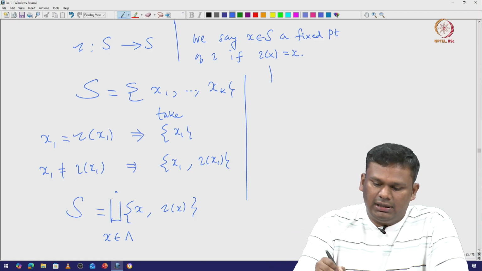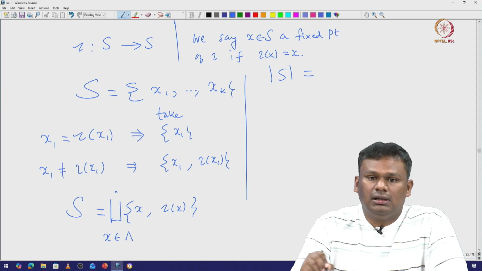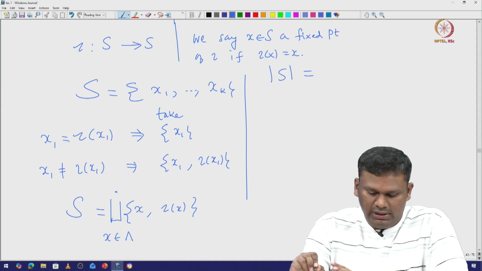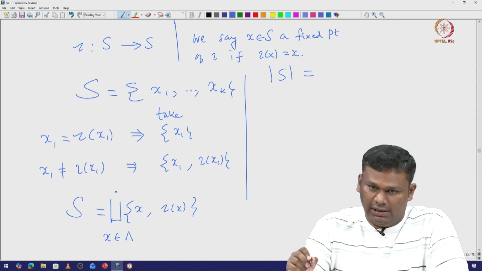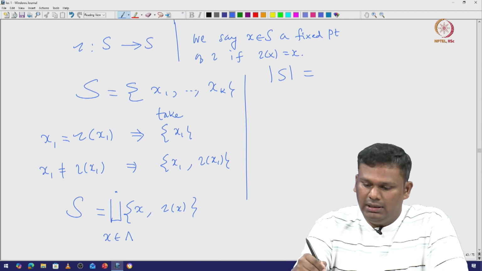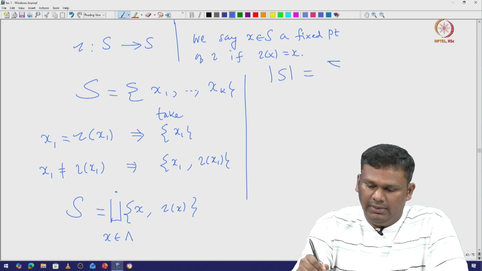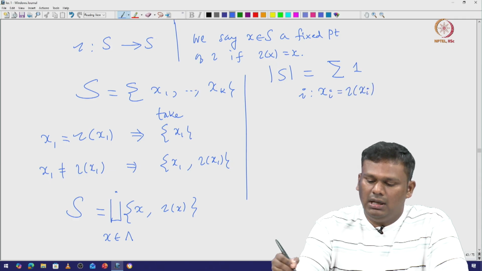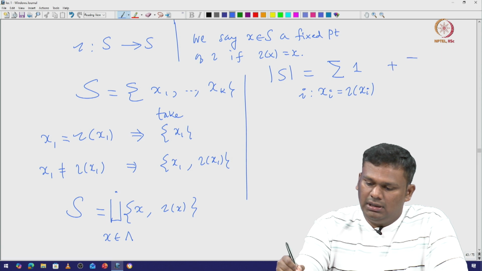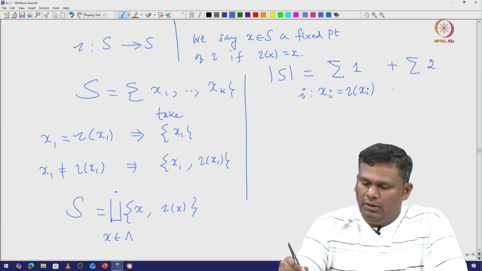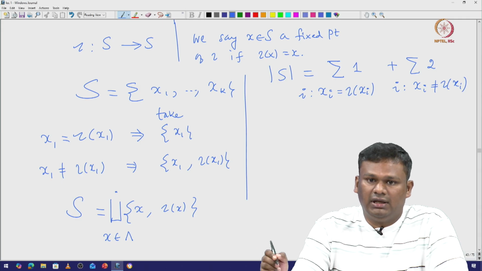So, now it is clear that the number of elements in this S becomes equal to, you just collect all possible sums. That means this is equal to summation 1, where you collect those i such that x_i equals ι(x_i), and then plus summation 2, where i is such that x_i is different from ι(x_i).